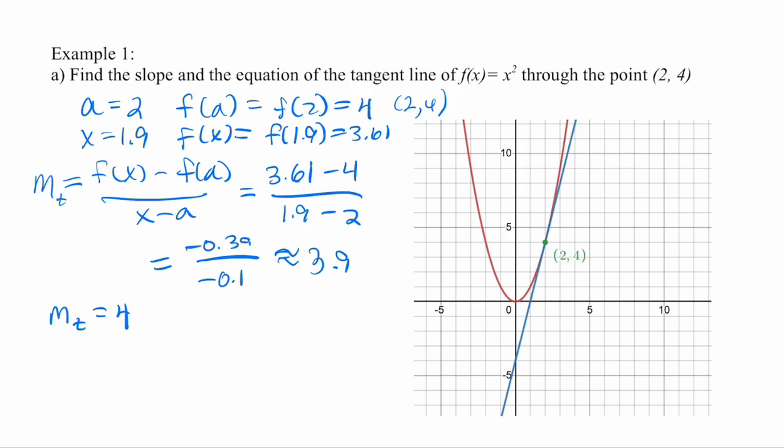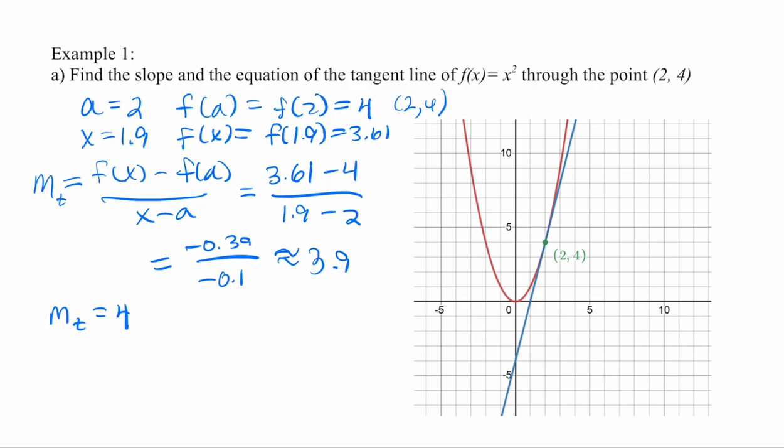Now look at my graph for a moment. If we find 2 points on this line and we go up 4 over 1, oh my goodness gracious, we found the slope of the tangent. The slope of the tangent is 4. Now it says to find the slope of the tangent and the equation of the tangent line.